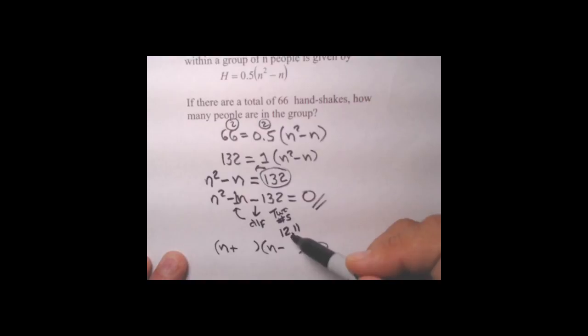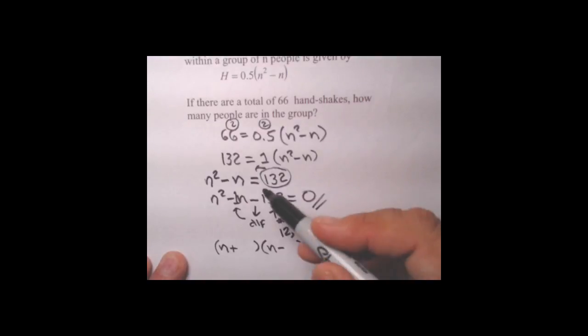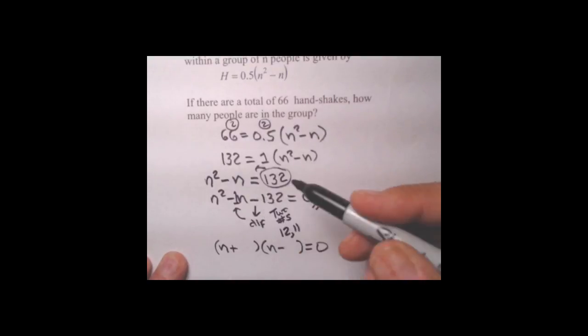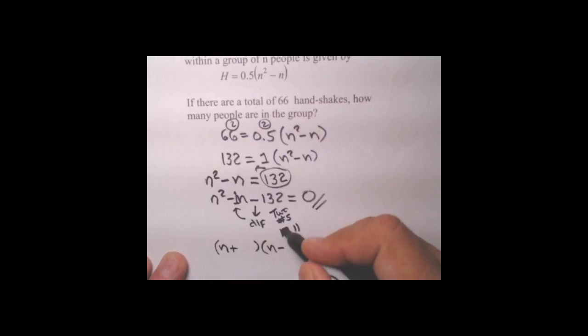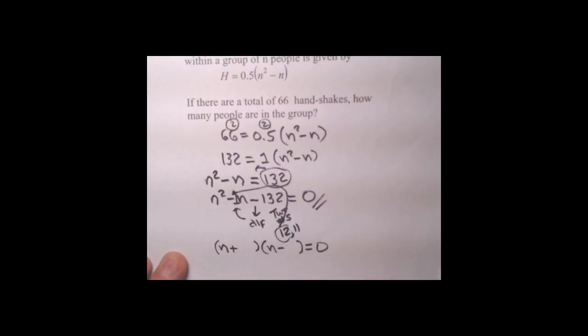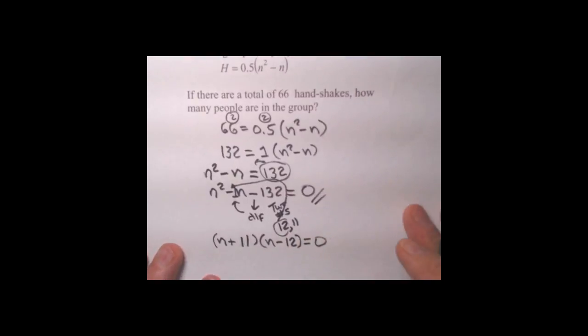To get the numbers in the correct place, since the signs are one of each, I play the bigger game. 12 is bigger than 11, and that 12 has to have the sign of the center term, which is negative, so that 12 goes behind the minus wherever I put it, and the 11 goes in the other spot.